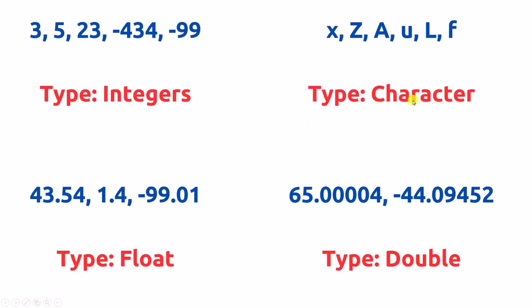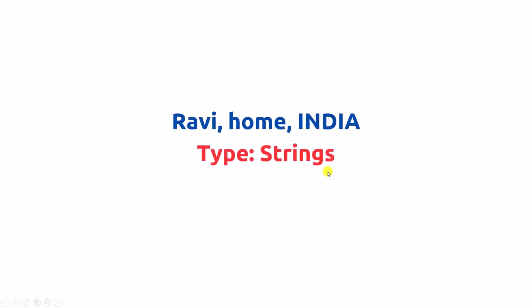One thing you need to remember is that in character, we also have special characters or ASCII values or single digits. Everything can be stored here. It is not only English characters; we can have single digits or special characters like the copyright symbol or any other symbol and ASCII values. So these are the different data types.